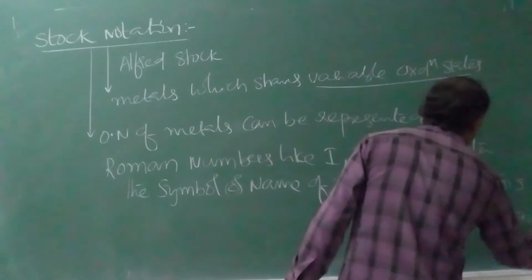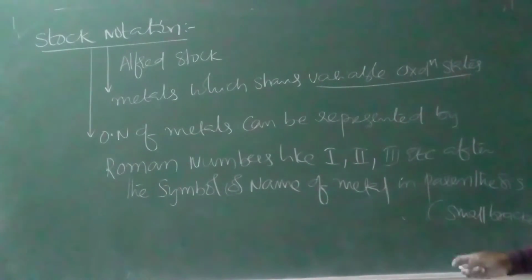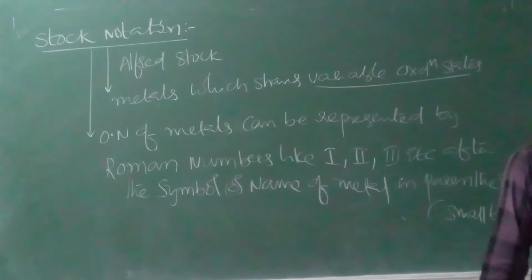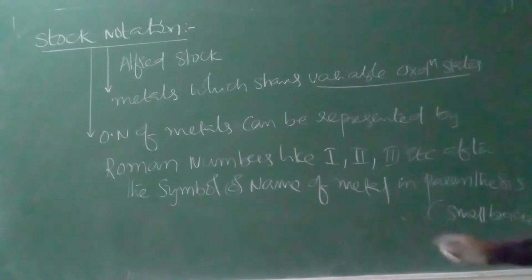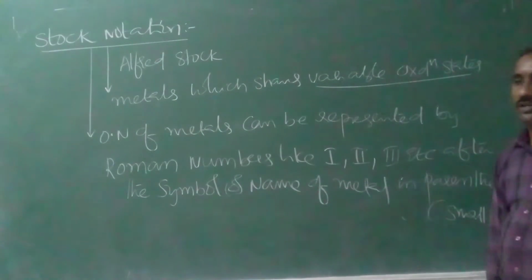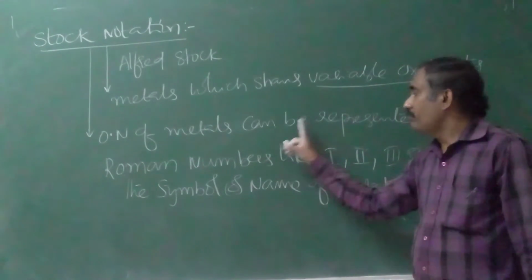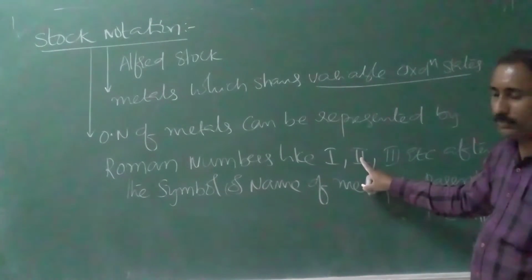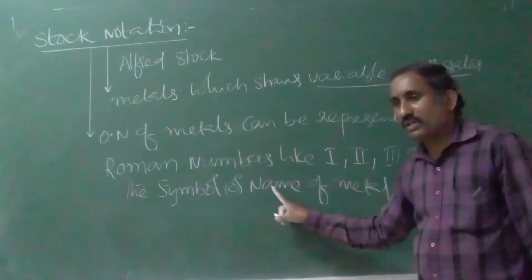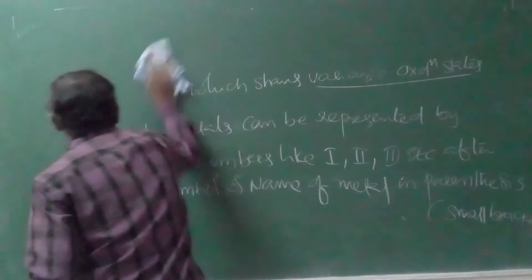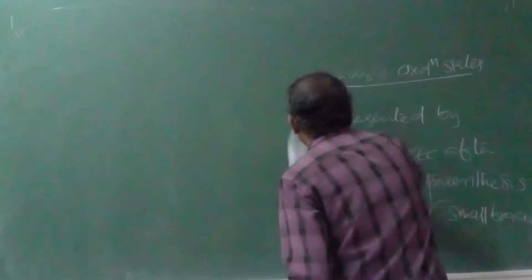So for metals which exhibit variable oxidation states, in order to distinguish the oxidation numbers, the scientists introduced a notation called Stock notation. In Stock notation, the oxidation number of a metal is represented by a Roman number immediately after the symbol or name of the metal. I will discuss some examples in a tabular form, then you will get more clarity.